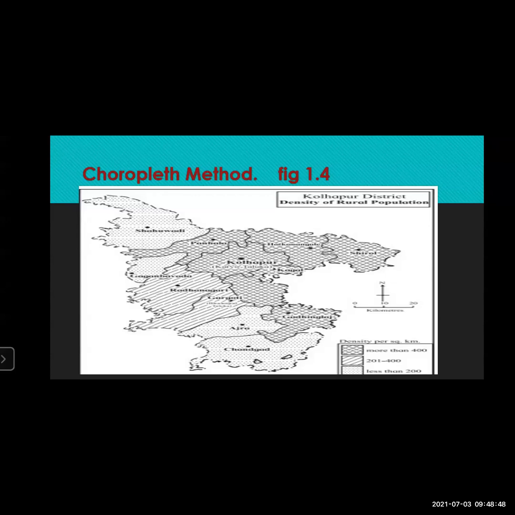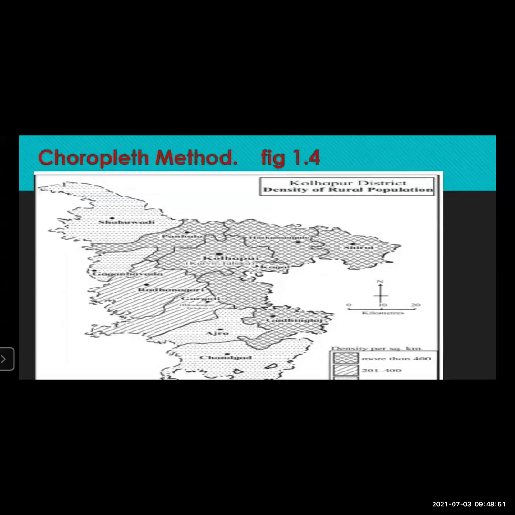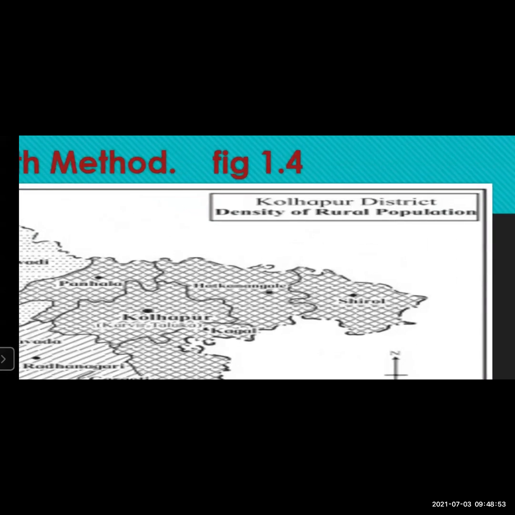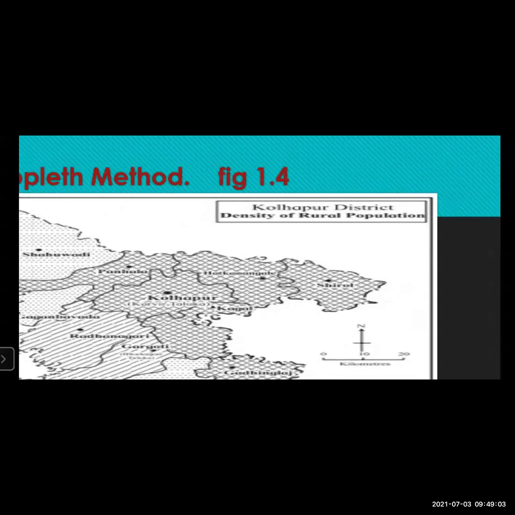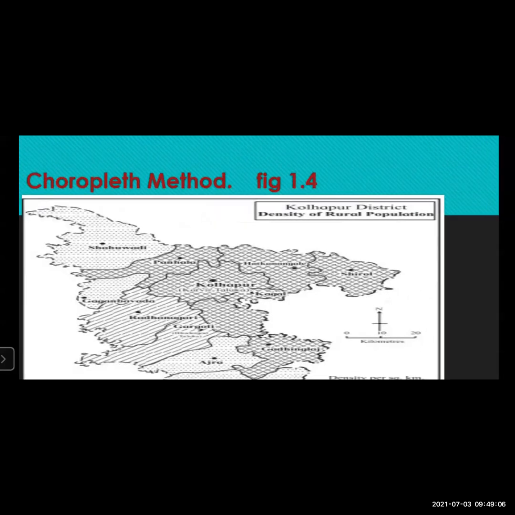Here a black and white pattern is used. You can see the shades getting darker and lighter, and different grids, dots and squares are used, which represent the different classes.